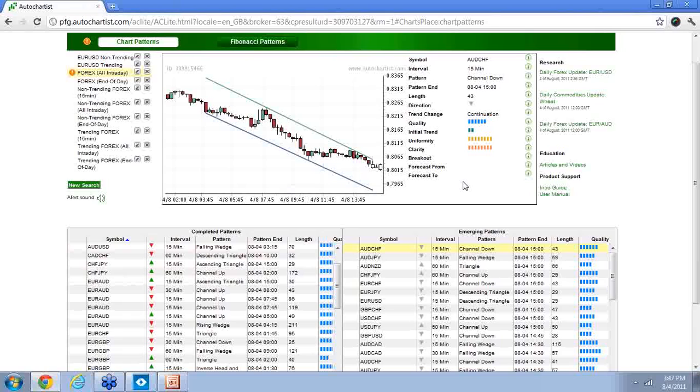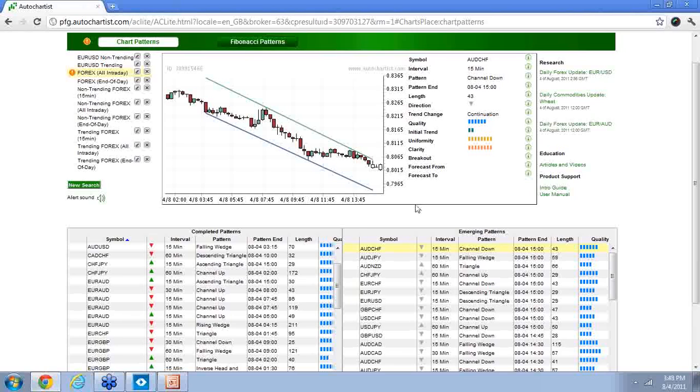Okay. Now, what's attractive about an emerging pattern is that once a pattern is identified and, say, an alert goes off and that particular market reaches this list, a swing trader, a trader who really likes to sell resistance and buy support, may want to take advantage of this type of pattern, because once we see that a top is in and we have a couple of bars down and Autochartist posts this particular market to the list, a trader can be as aggressive or as passive as he wants to.